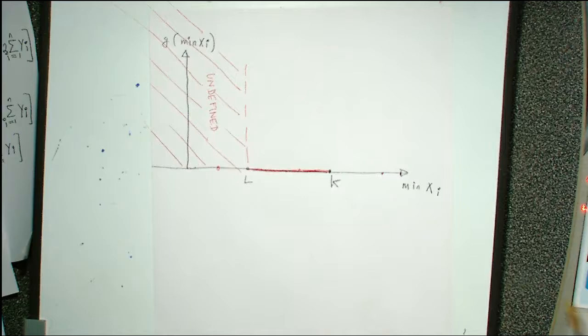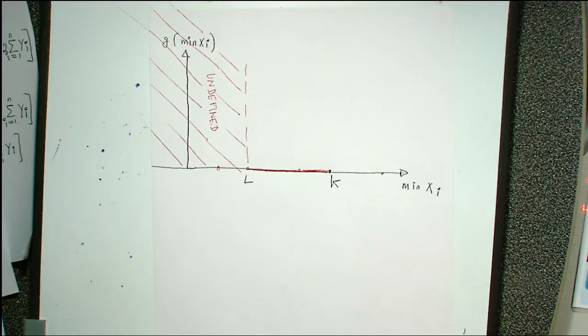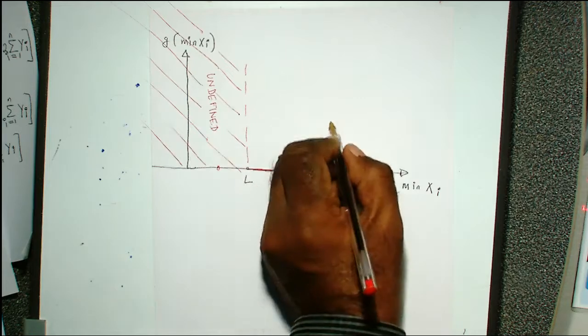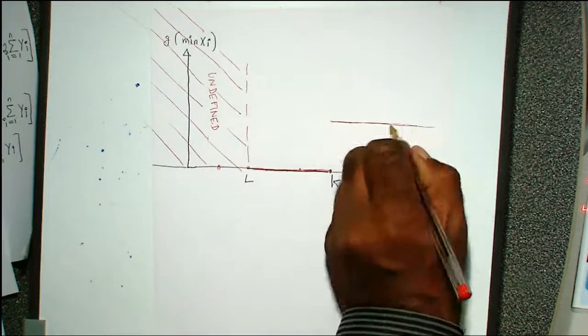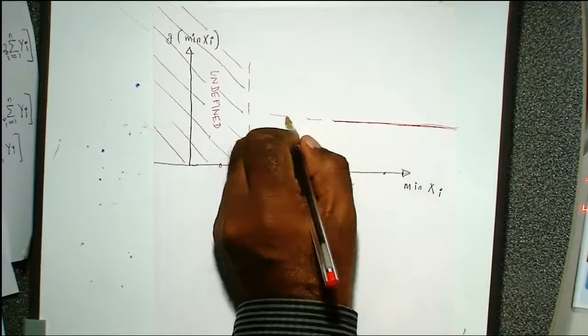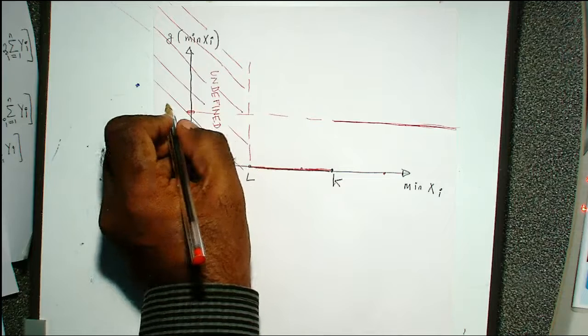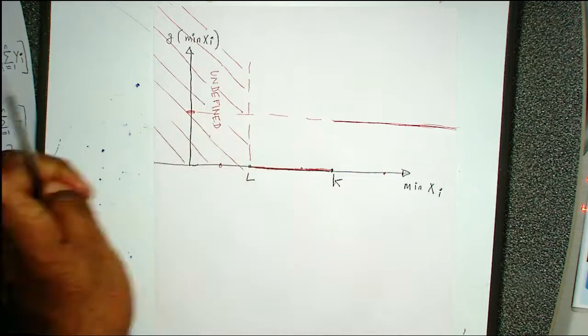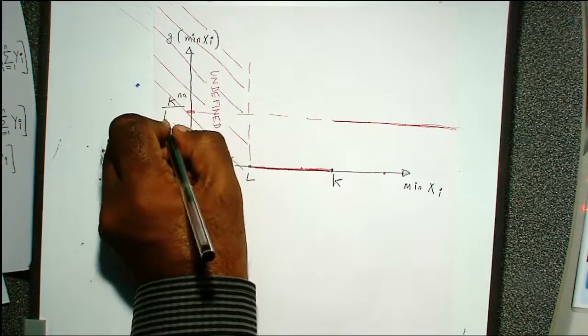Now, let's take this point here. Here you are greater than k, so this is 1, this is also 1. 1 divided by 1 is 1, so it will be equal to this point here, which is equal to k power n divided by L power n.